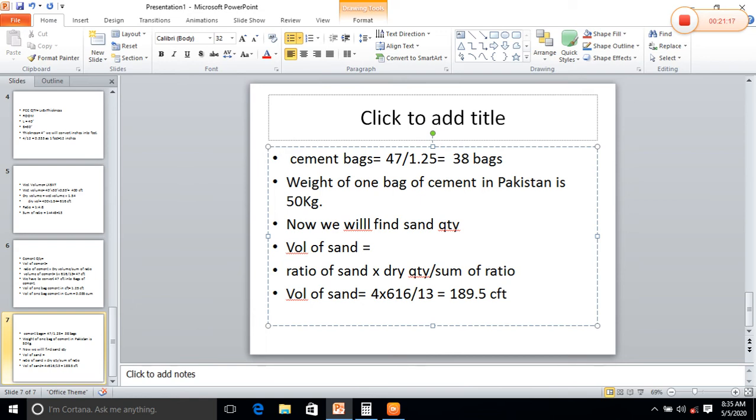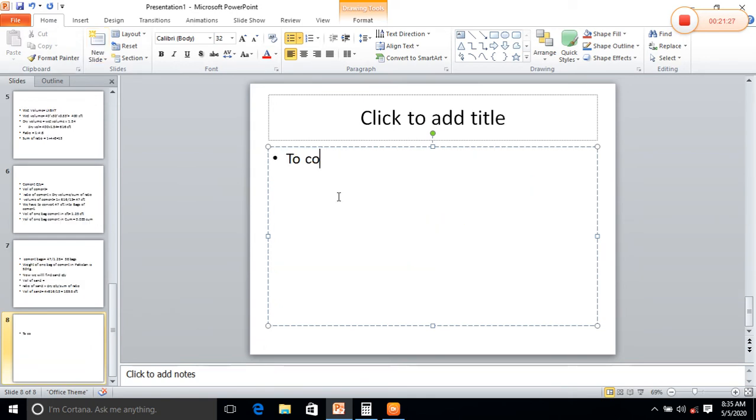The unit is sekla. Okay, to convert 189.5 cubic feet into sekla, we will divide by 100, as 1 sekla is equal to 100 cubic feet.